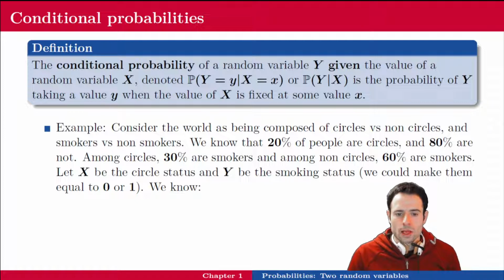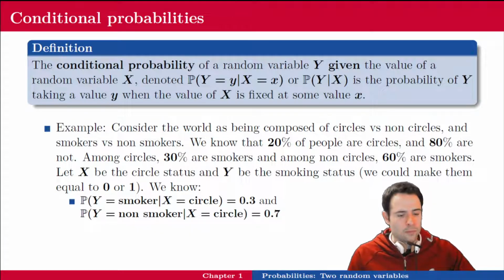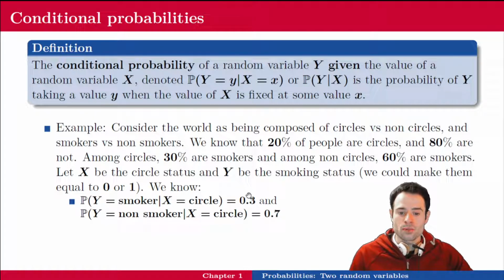This piece of information is telling us the following. It tells us that the probability that y is a smoker, so the probability that the next person I meet is a smoker, given that I am looking at circles, is 30%. And the probability that the next person I'm looking at is a non-smoker, given that it is a circle, will be 70%.